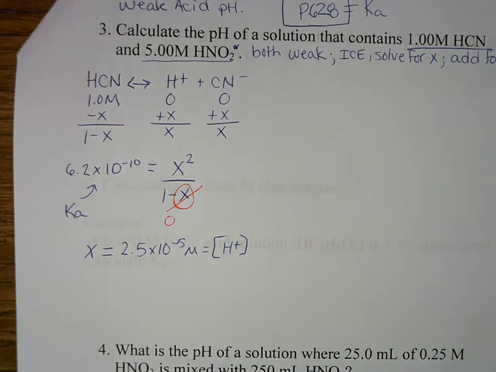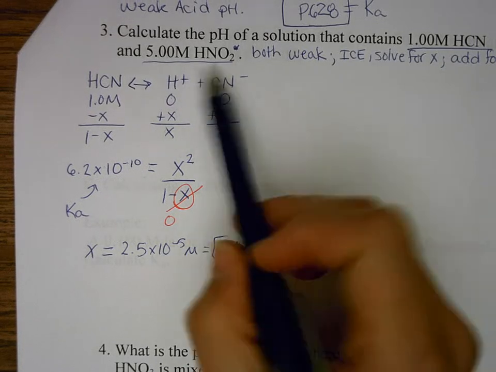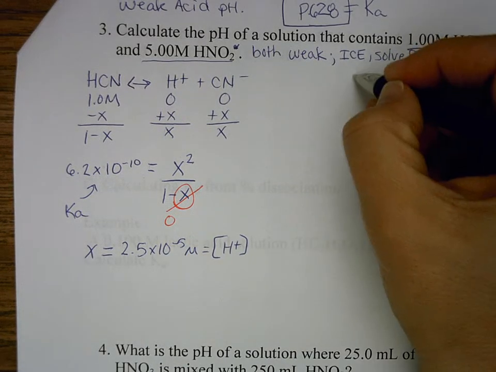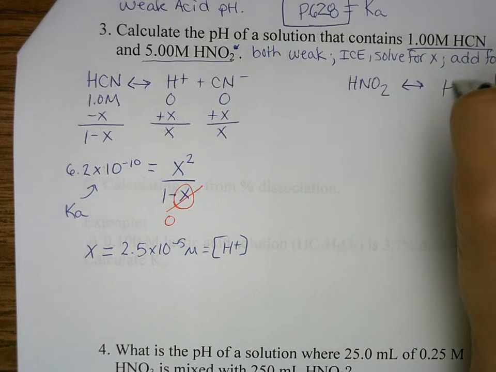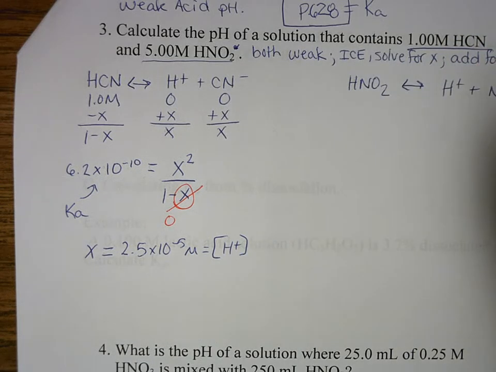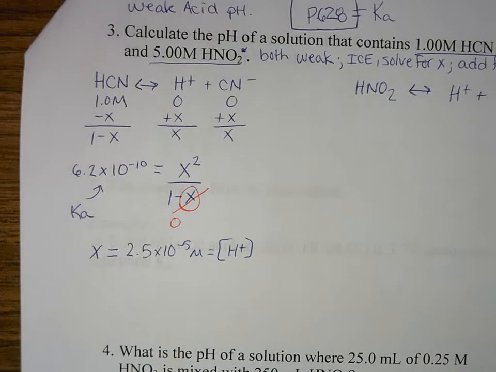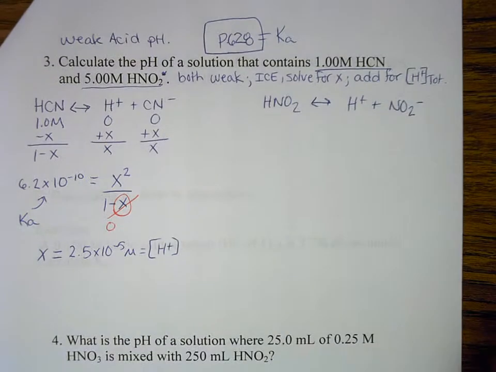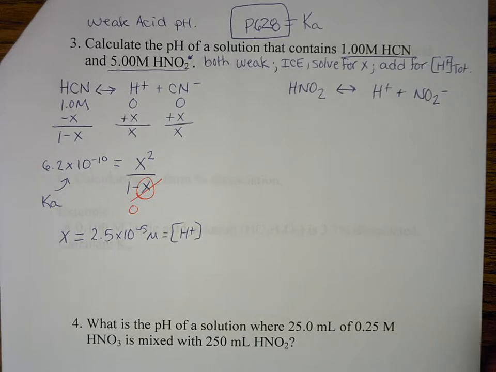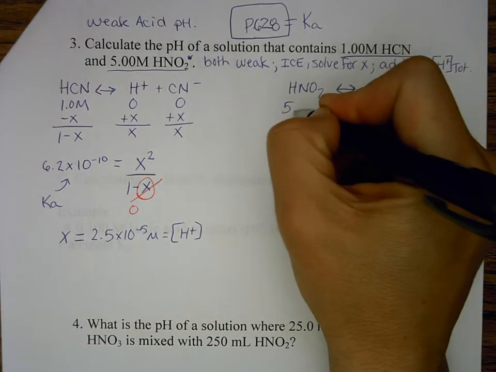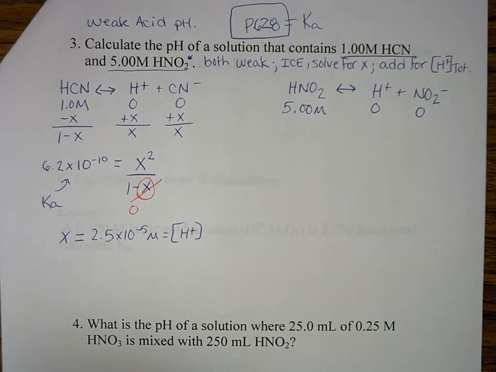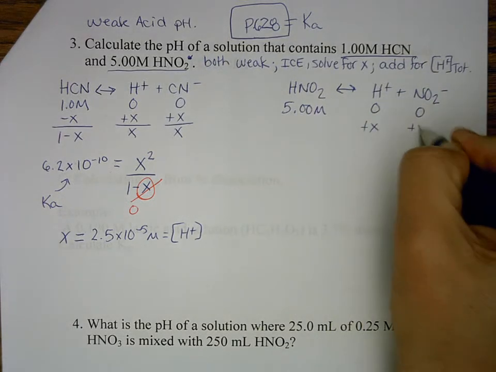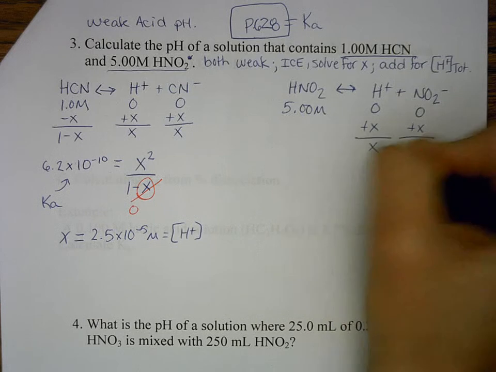Then I need to do it again for the nitrous acid. So I'm going to set up that ice table. Gives me hydrogen ions, nitrite ions. There we go. My starting concentration of the nitrous acid is 5.00 molar. This is 0, this is 0. Plus X, plus X. These all start to look very similar.